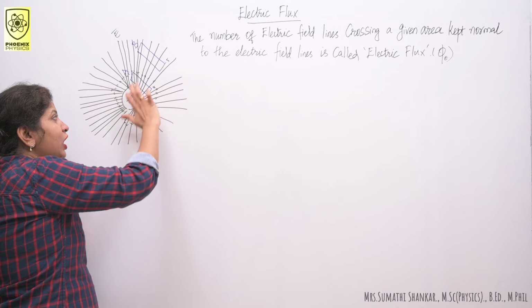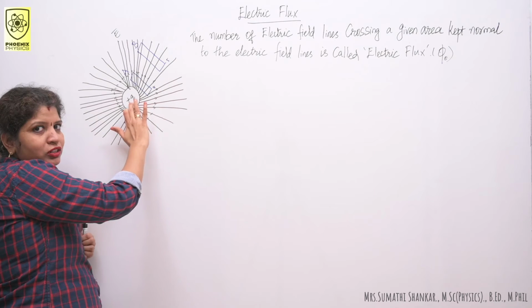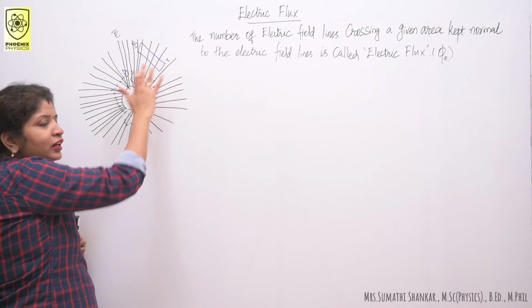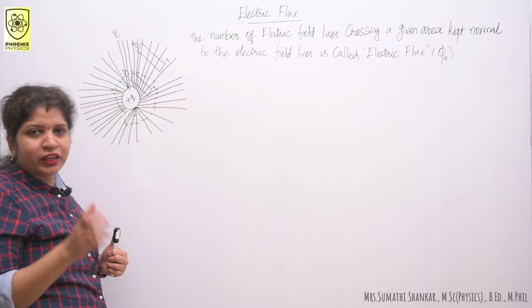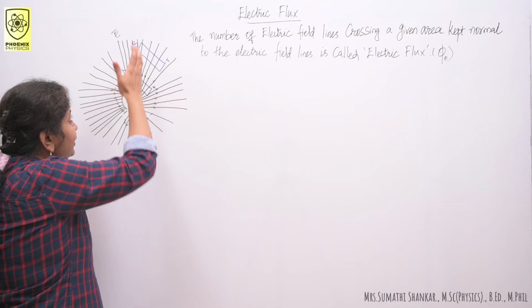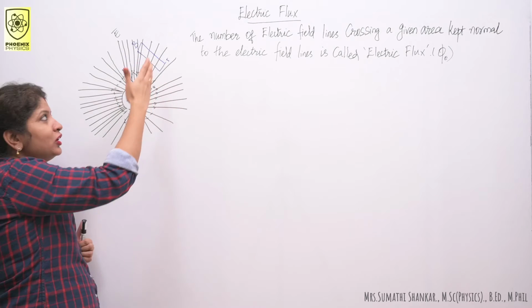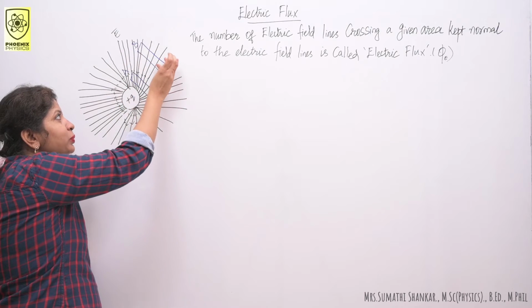This region is far away from the positive charge. Here the field gets weaker, the density of the lines is less, resulting in well separated lines.